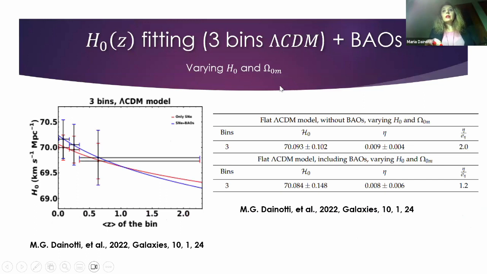Now, in the next paper, we decided to also add the baryon acoustic oscillations and check what the situation would look like. Also, we had several comments from the community that one possibility was that this trend was due to the fact that we were varying only one parameter at a time.